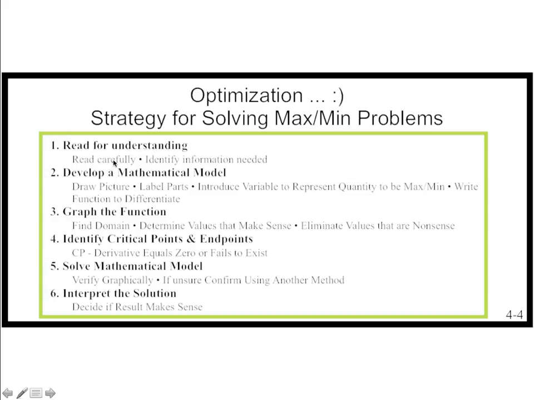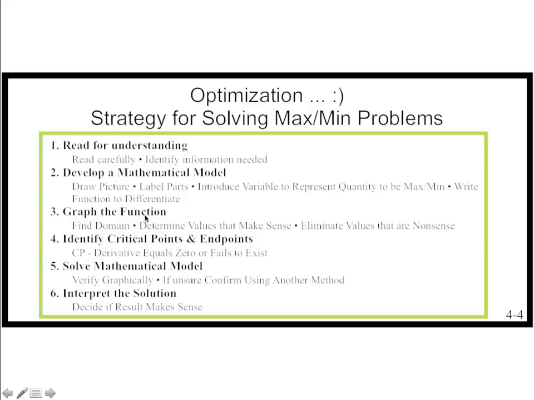In other words, we want to read carefully, identify information that we need, and identify information that we have. We want to develop a mathematical model. That's going to involve drawing a picture, labeling it, introducing a variable to represent a quantity to be maximized or minimized, and coming up with a function to differentiate, a relationship between our variables.